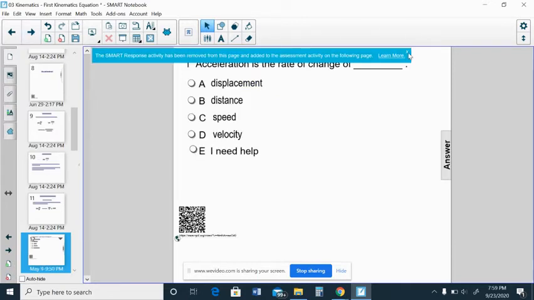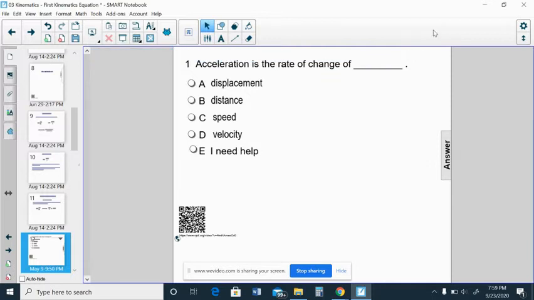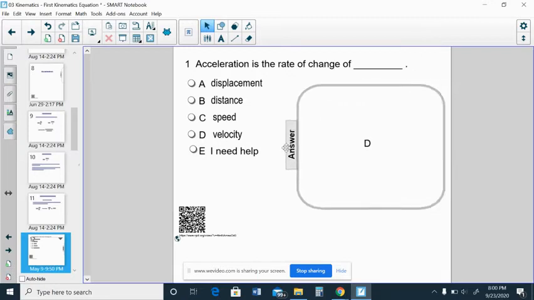Okay, let's take a moment to quiz yourself. Acceleration is the rate of change of d, velocity.